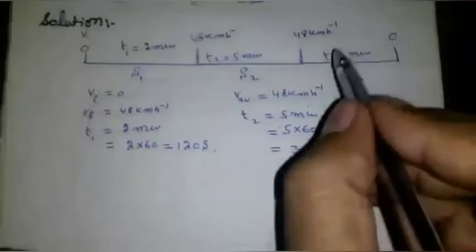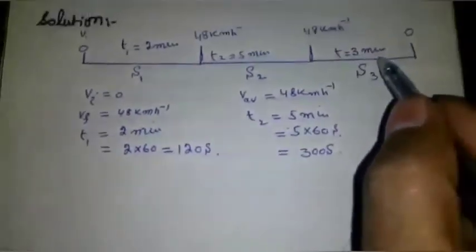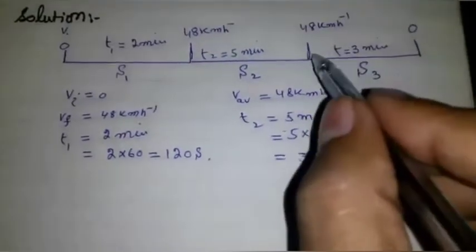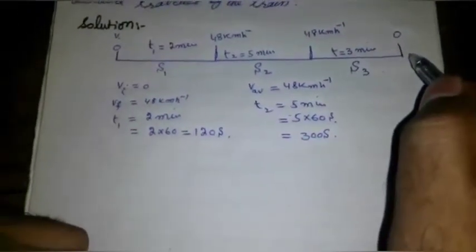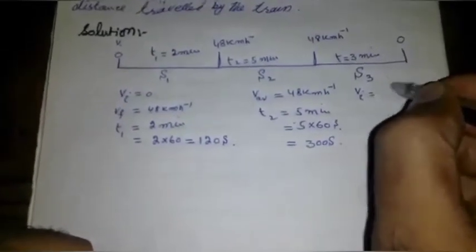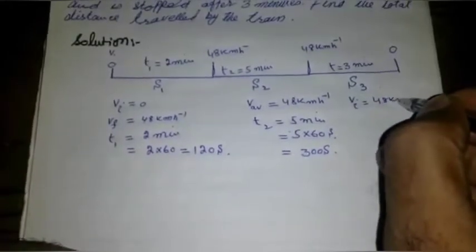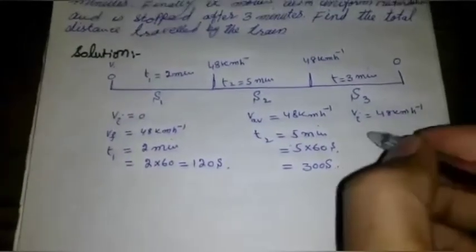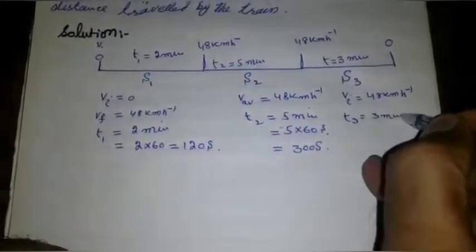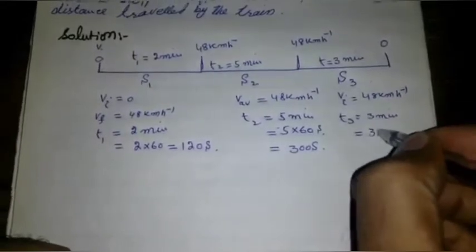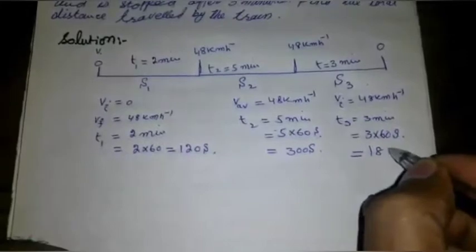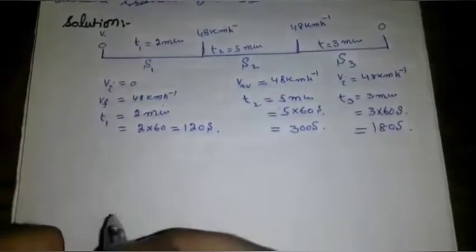Now in the third case, here it is moving with negative acceleration and its velocity is decreasing with time. So here initial velocity Vi is equal to 48 kilometer per hour. Time t3 is equal to 3 minutes, which is equal to 3 into 60 seconds, which is equal to 180 seconds.